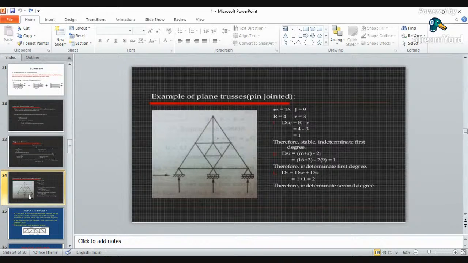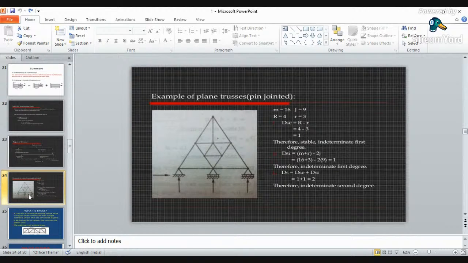Just observe this figure, showing a two-dimensional plane truss.